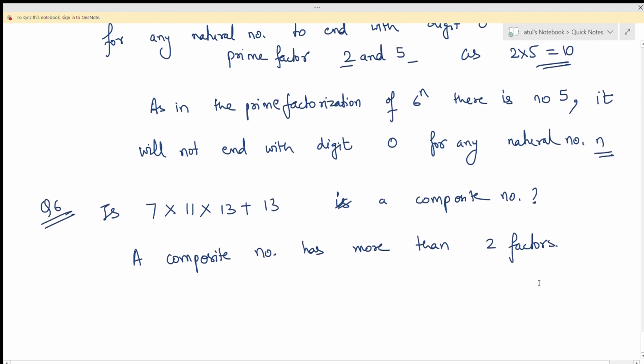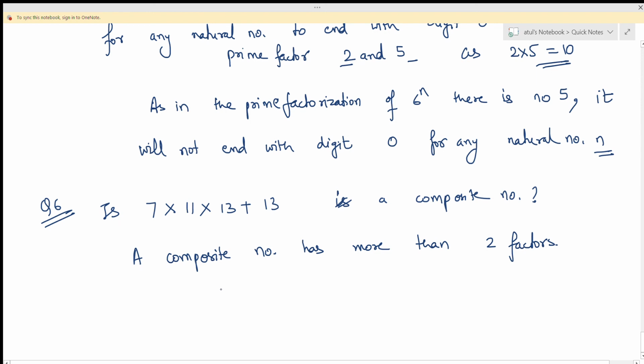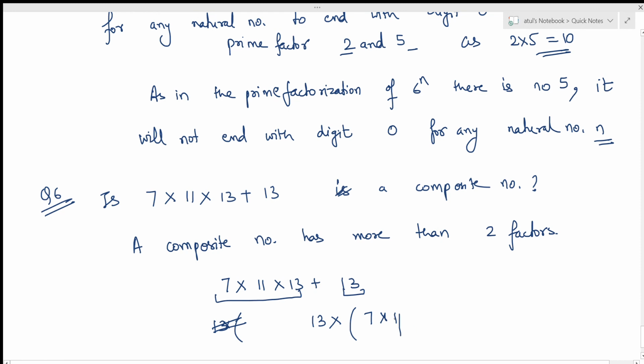A prime number has only 2 factors. So let us take this 7 into 11 into 13 plus 13. From these two terms, I can take 13 common. When I take 13 common, it will be 13 into 7 into 11 plus 1.